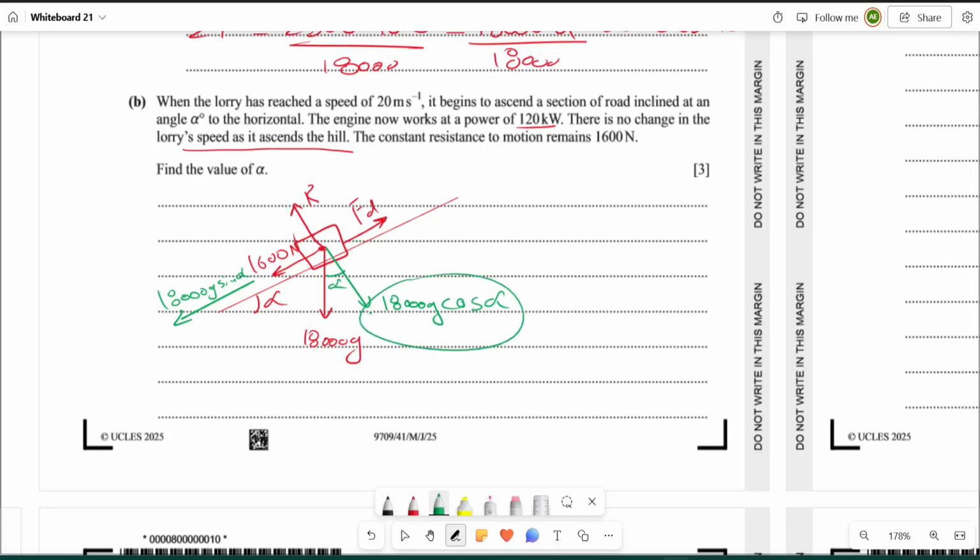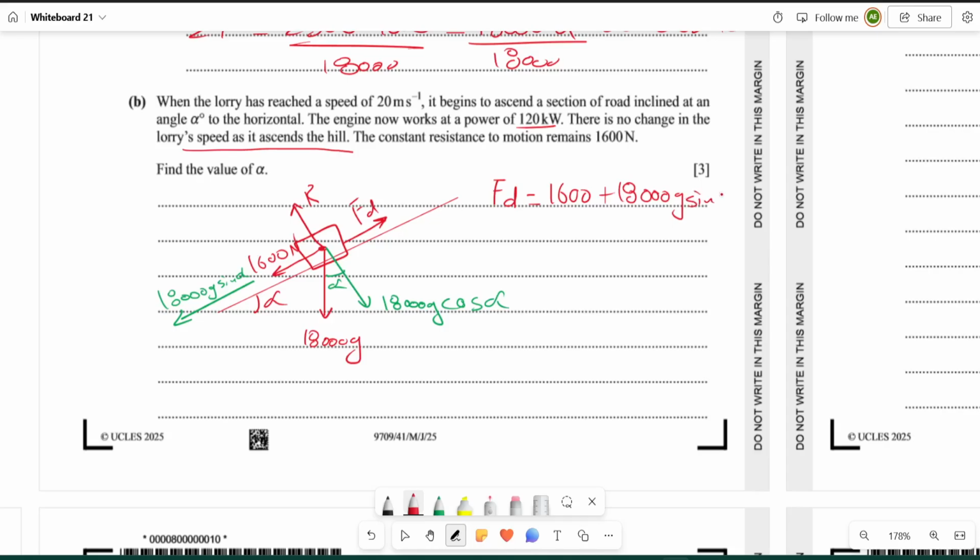I just know that R is equal to this. I know that there is no acceleration up the slope either, so the forces up the slope are also balanced. So the driving force should equal the 1,600 resistance plus 18,000 G sine alpha.